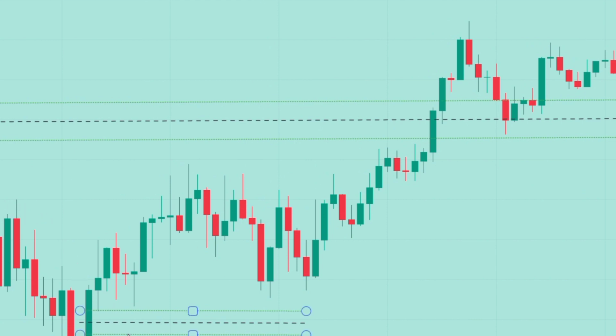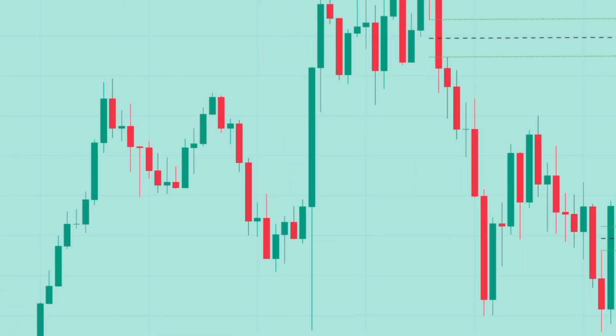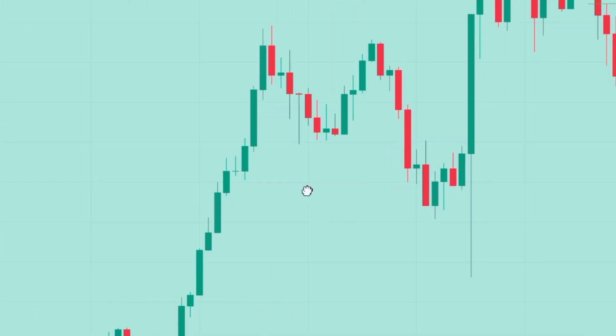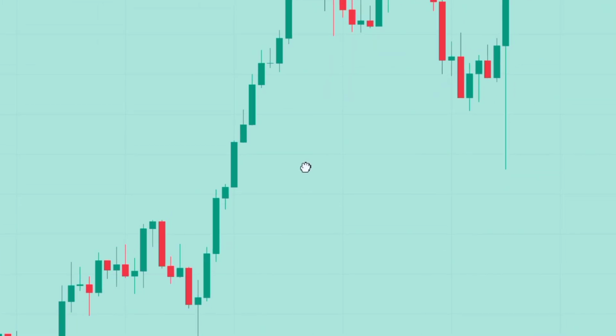Price went its way and still made its way back into the fair value gap to fill up this imbalance. After filling up this imbalance, it came down and made it a support zone and went up again before coming down finally and going its way. We'll be looking out for more examples pointing out fair value gaps and how they were filled.